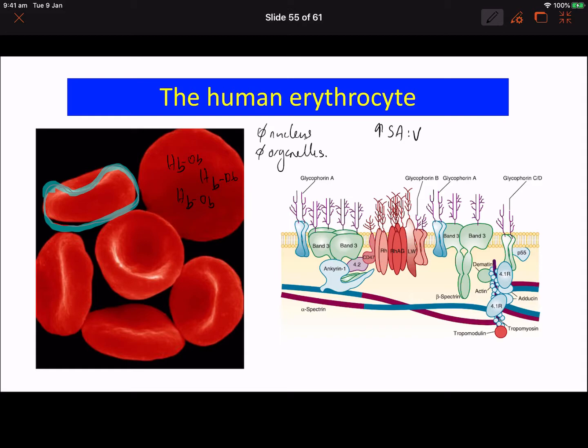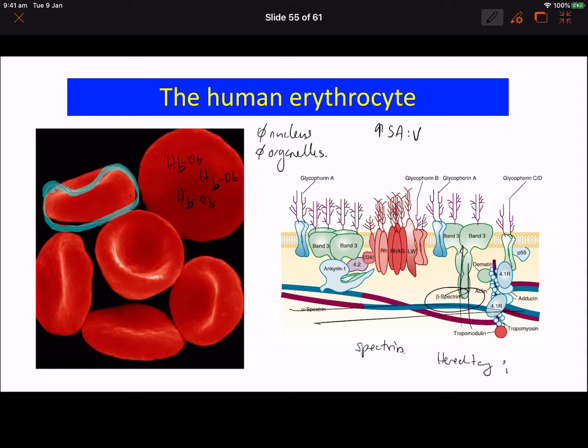And one of the ways that the red cell is able to do that is because it's got this complex structure of vertical and horizontal cytoskeleton elements, mainly made up of a protein called spectrin. And one of the physiological importance of spectrin can be seen in a red cell inherited deficit called hereditary spherocytosis.